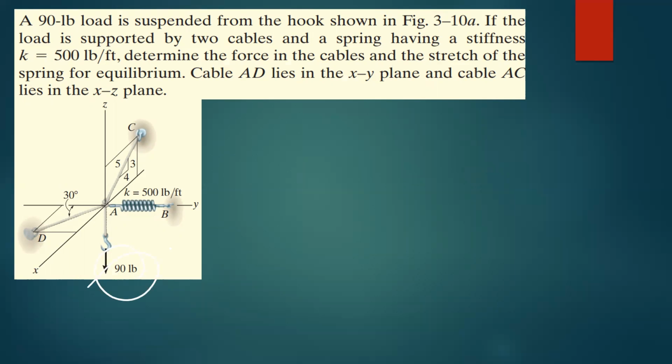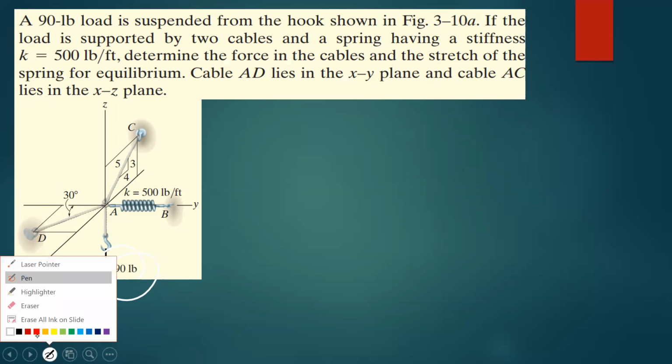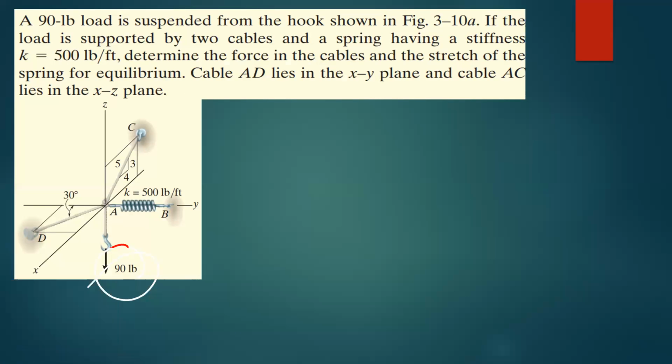It is also supported by a spring having the stiffness of 500 pounds per foot. So we have 3 cables supporting this load, which is 90 pounds, and also 1 spring, which has the spring constant K equal to 500 pounds per foot.